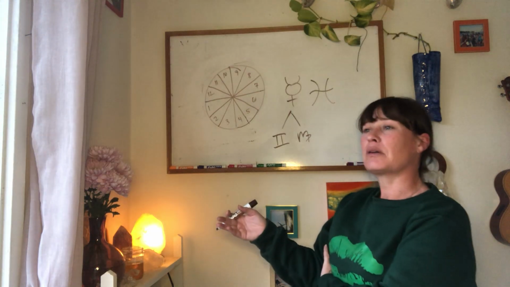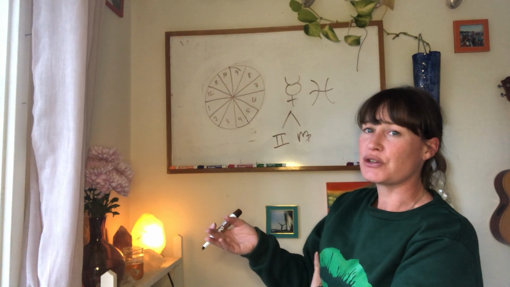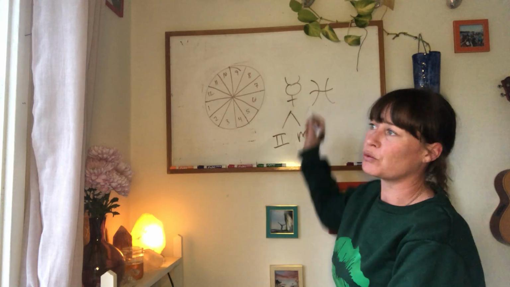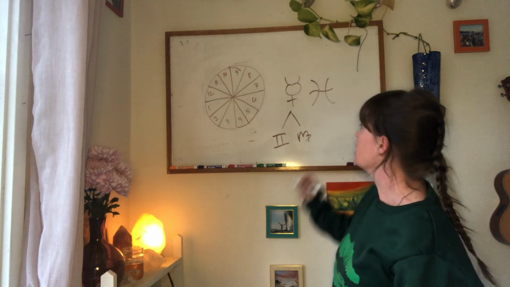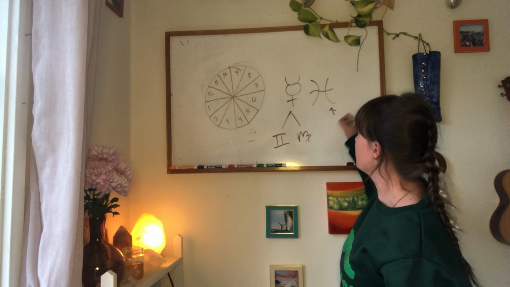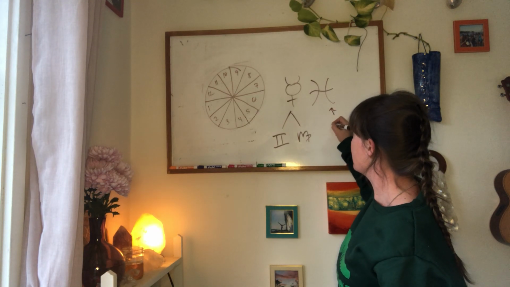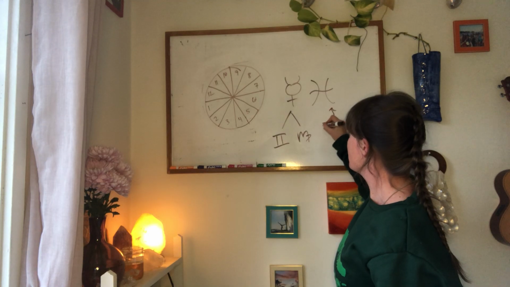Why some people could get more caught up in the duality, the dual nature of things, is because Mercury rules 2 signs, and Pisces, the fish, is one of the dual signs, like a fish.